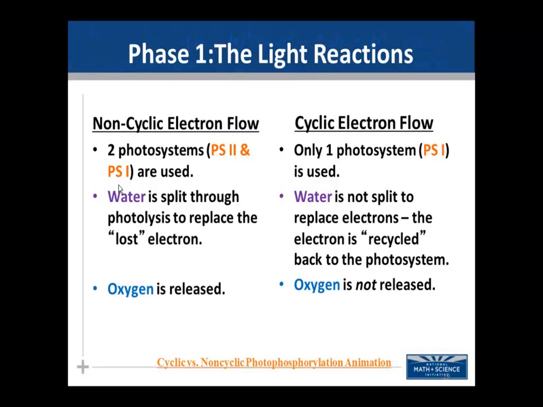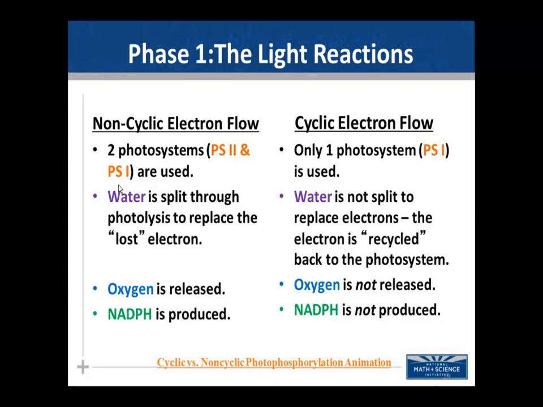When non-cyclic electron flow occurs, oxygen is released, but when cyclic electron flow occurs, oxygen is not released, and hopefully that makes sense. The oxygen that comes from photosynthesis comes when the water is split. Well, if the water is not being split because we don't need to replace the electron, then oxygen is not going to be released in cyclic electron flow.